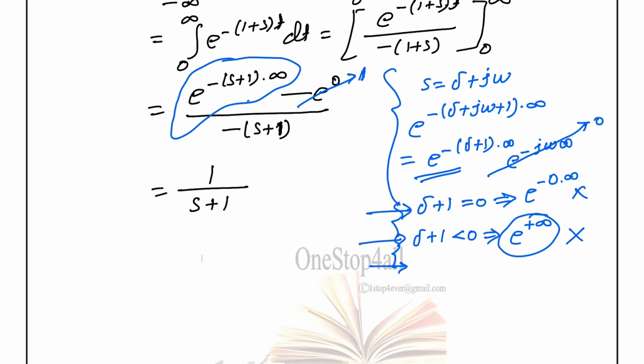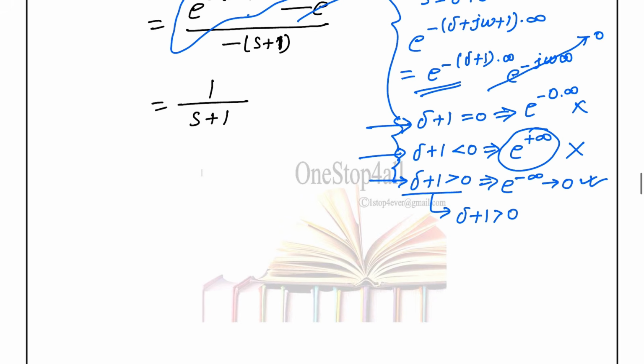So, the next case is sigma plus 1 greater than 0. For this case, it will be e to the power minus infinity, and so this will be nothing but 0. So, it is defined. So, for sigma plus 1 greater than 0, the Laplace transform X of s is convergent.